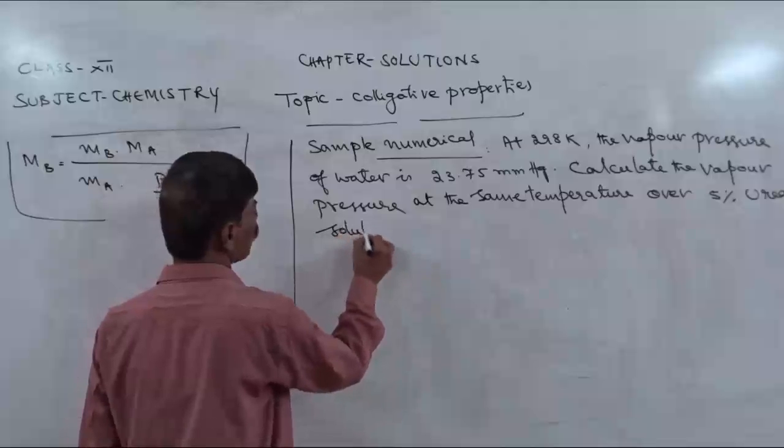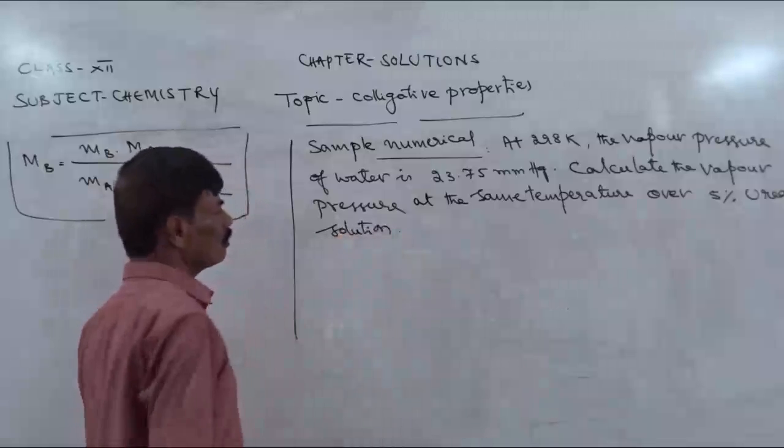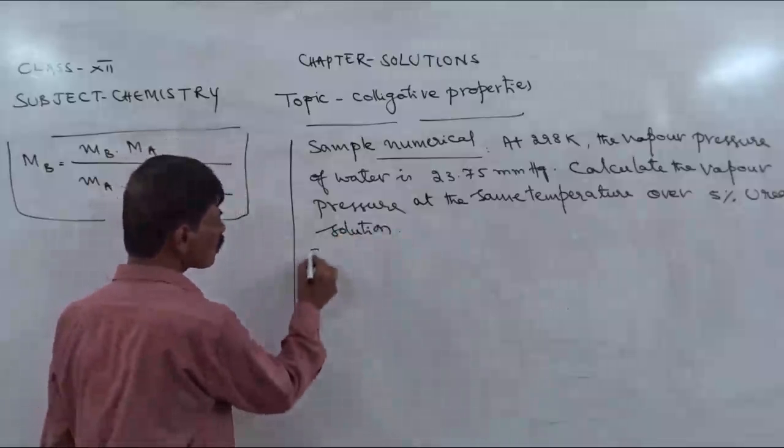This is the numerical. How to work out this numerical?